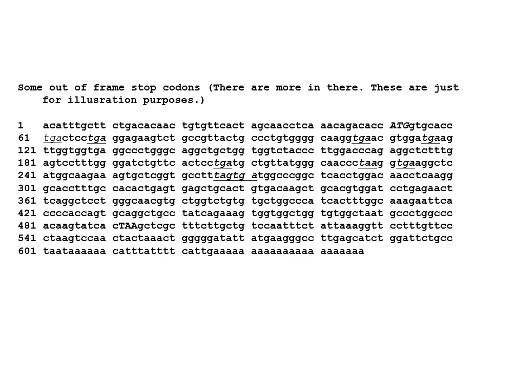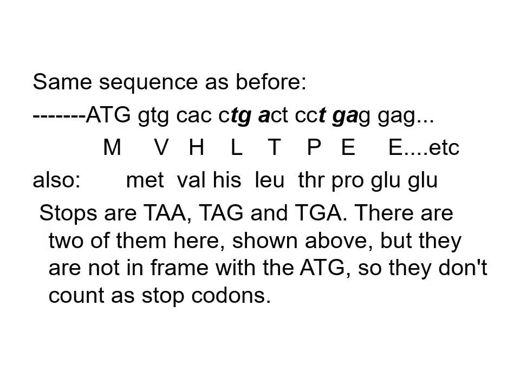But they don't count because they're not in frame with the AUG. They're all over the place, but they're not being read because they're not in the groups of 3 that comprise the reading frame. Same sequence as before, just to make this point. Here's the first few nucleotides of the beta globin gene, and I'm reading it according to the rules of the genetic code in the usual way.